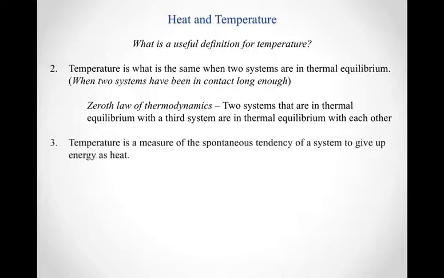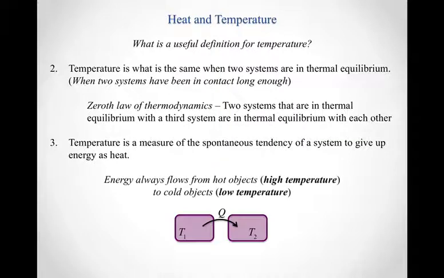A third definition that we can create for temperature that builds off thermal equilibrium is that temperature is a measure of the spontaneous tendency of a system to give up energy as heat. What this means is that energy always flows from hot objects at high temperature to cold objects at low temperature.